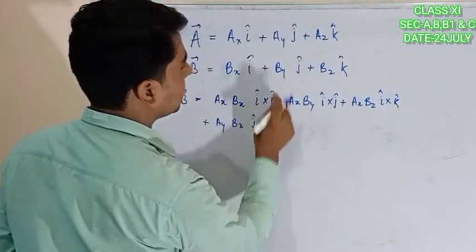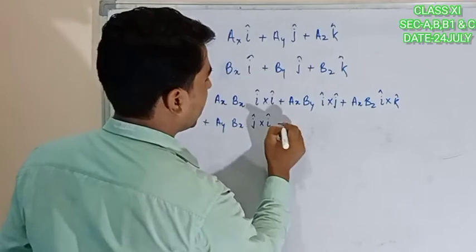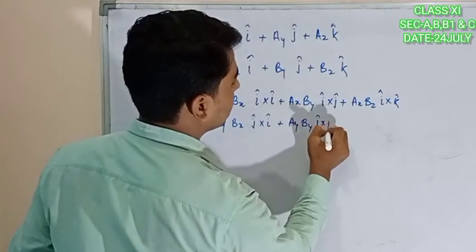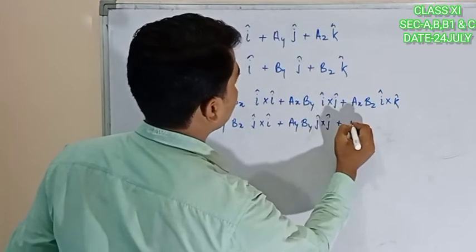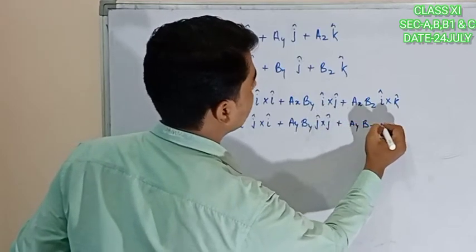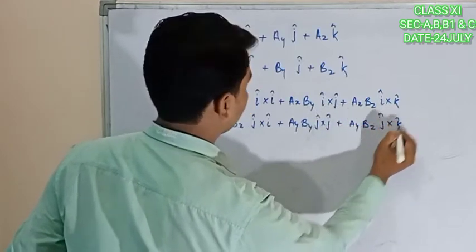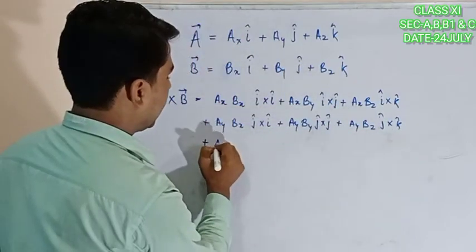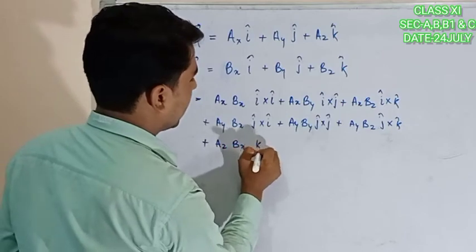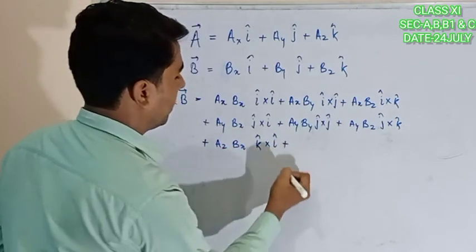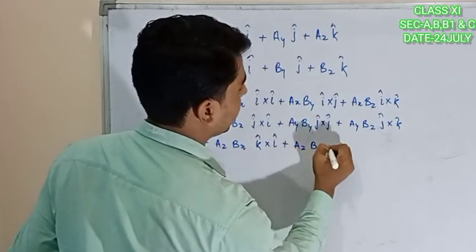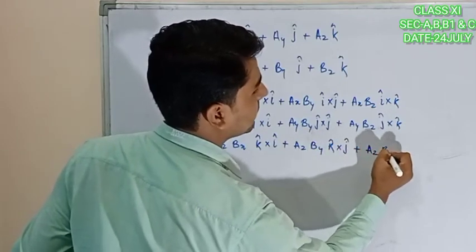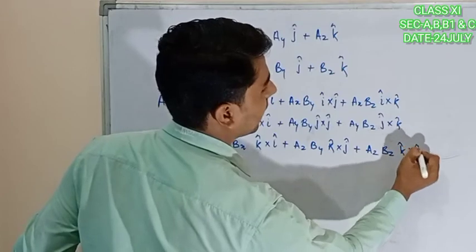cross i. See, j first, then i. That is why j cross i. Plus ay by j cross j plus ay bz j cross k, then az bx k cross i plus az by k cross j plus, last, az bz k cross k.